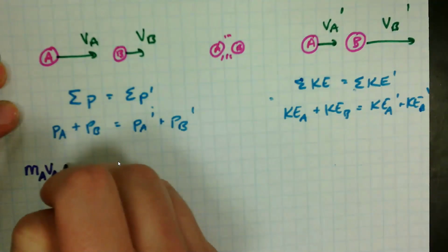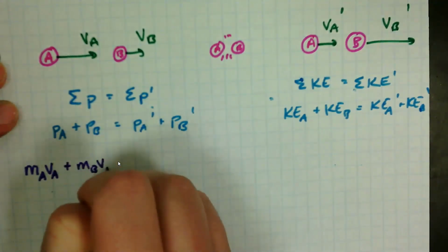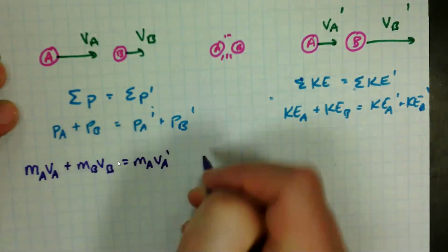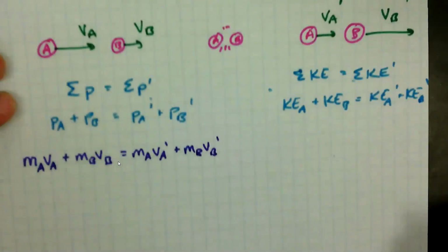So this is MAVA plus MBVB equals MAVA prime plus MBVB prime.